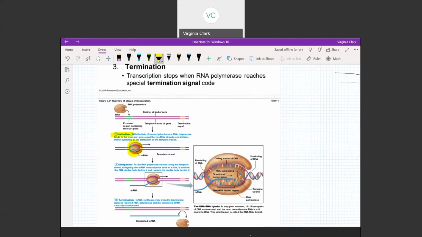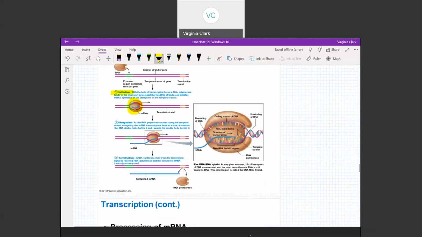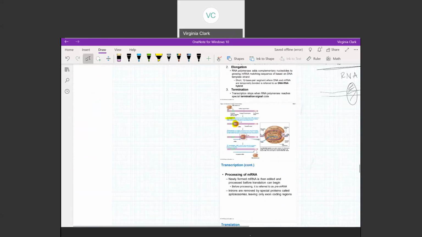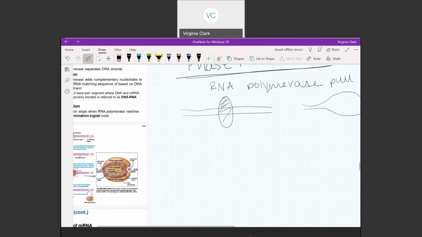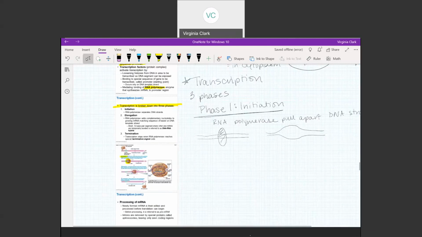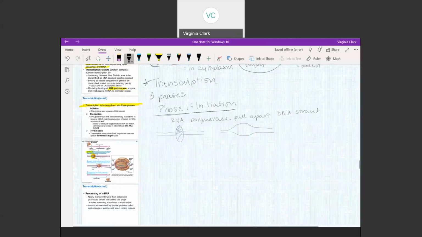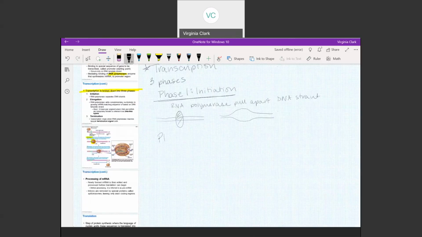Okay, then the next phase is going to be phase 2, and that is going to be elongation. After initiation, we're now going to do the phase of elongation, so phase 2. We're going to make everything longer.